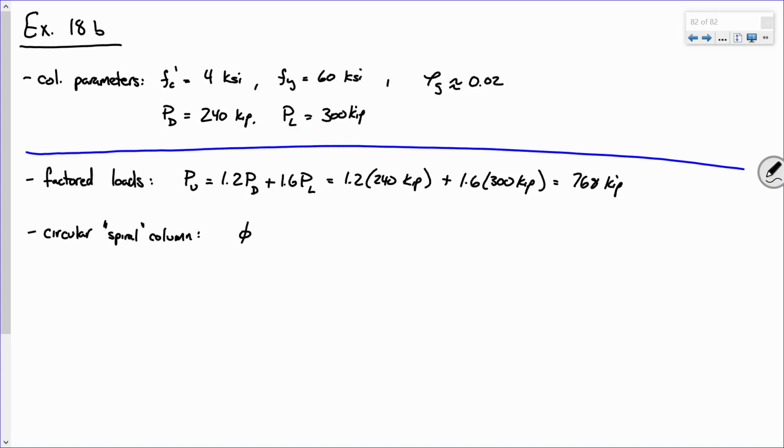So, what's phi and alpha? There we go. So, therefore, gross area.